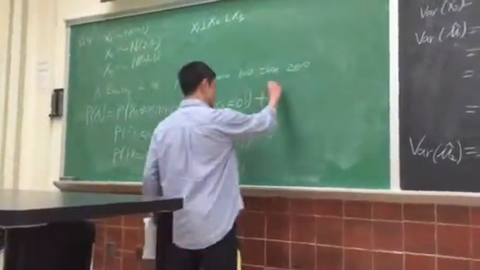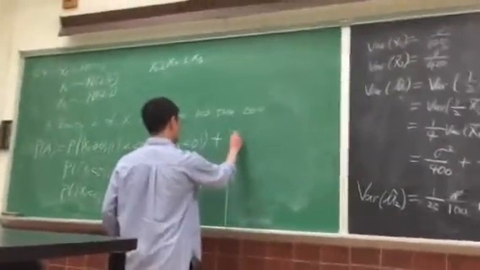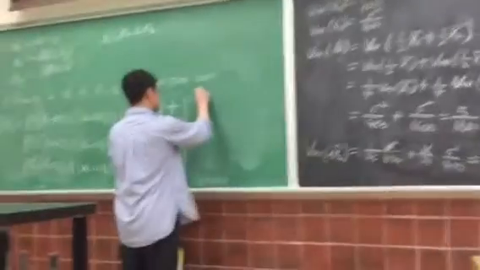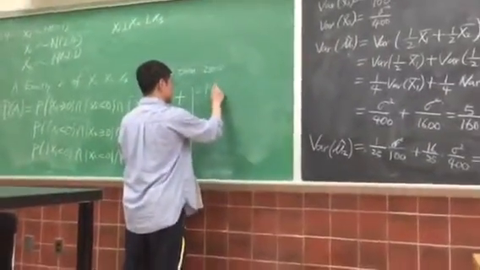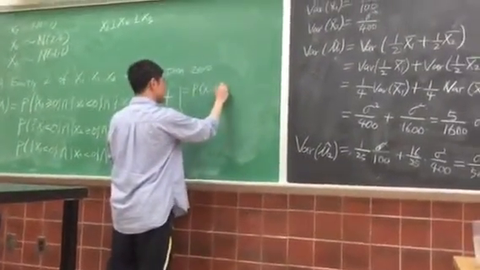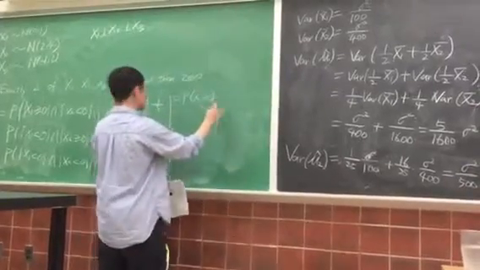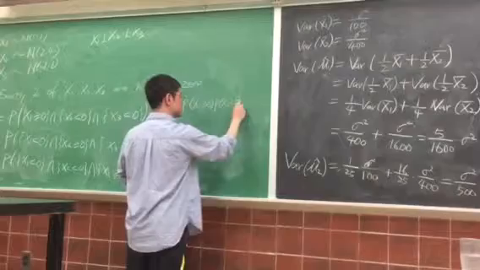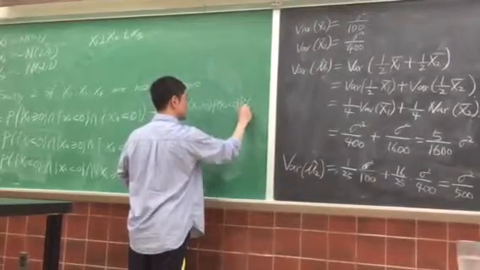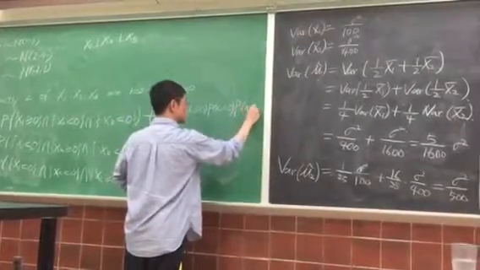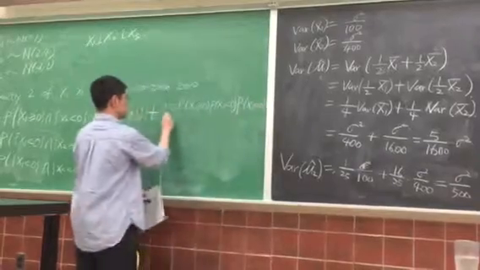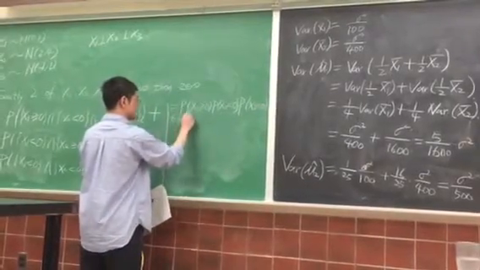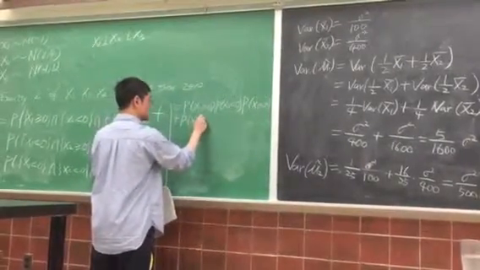So I can write it as x1 greater than or equal to 0 times x2 less than 0. Plus x1 smaller than 0.